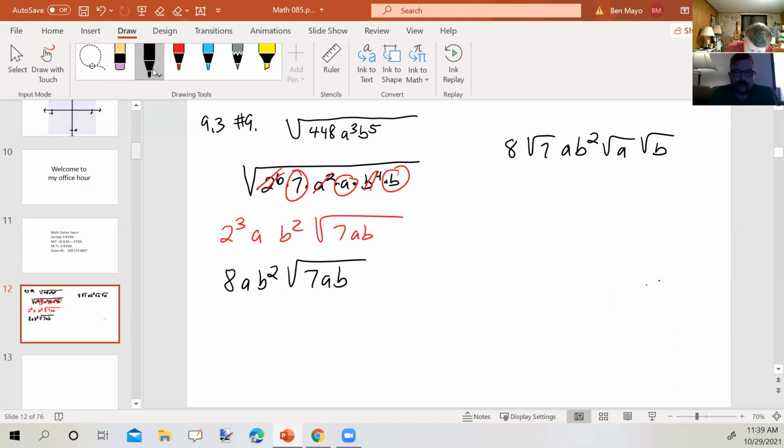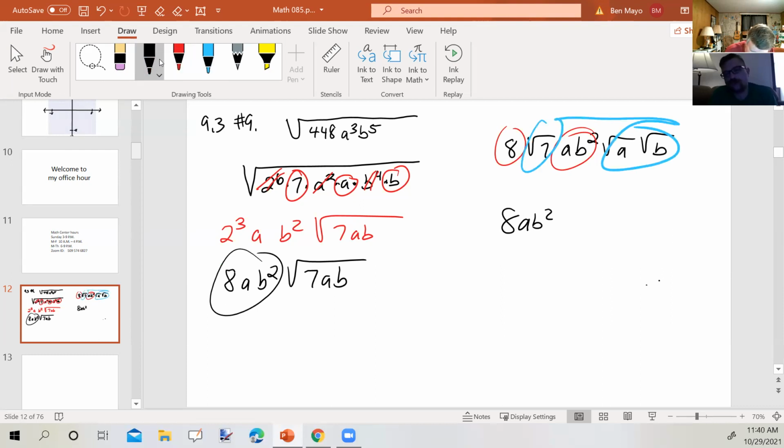If you'll notice, I took these and put them all together, 8ab squared, and then I took those and put those all together, 7ab under a radical. So it wasn't so much that they did it wrong, they just didn't go that next step to put things together, okay?